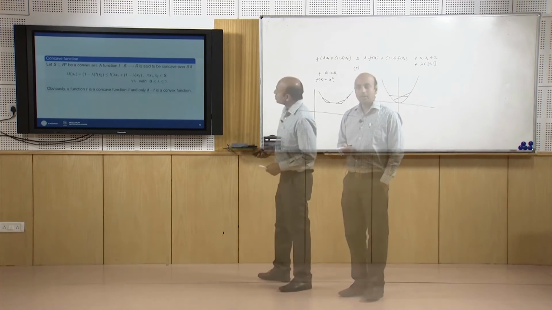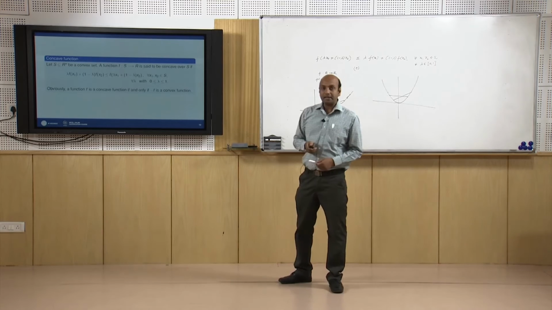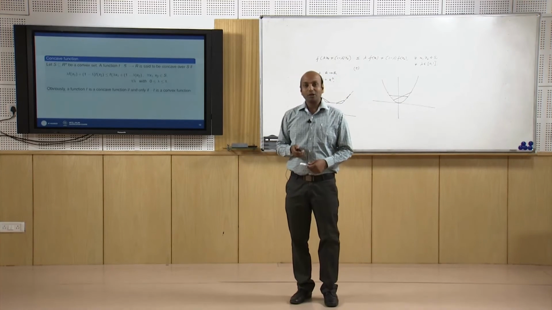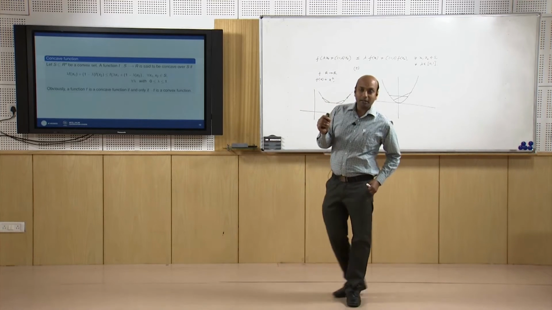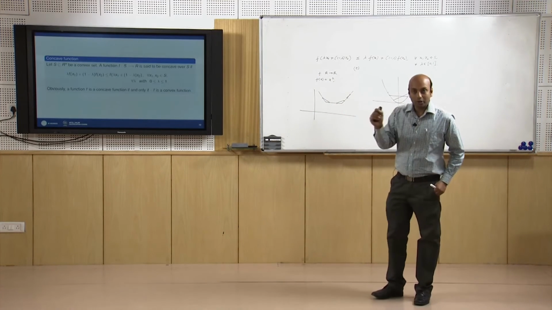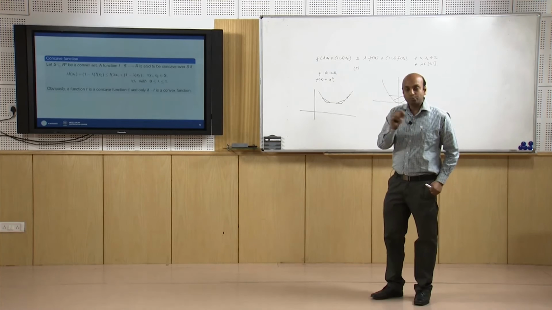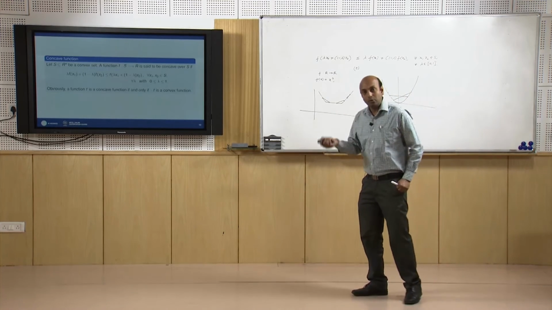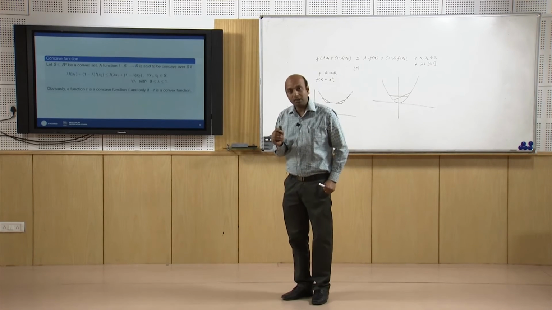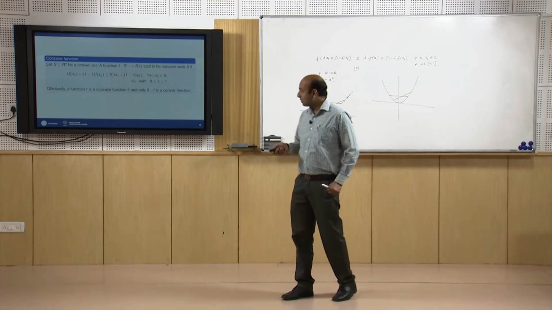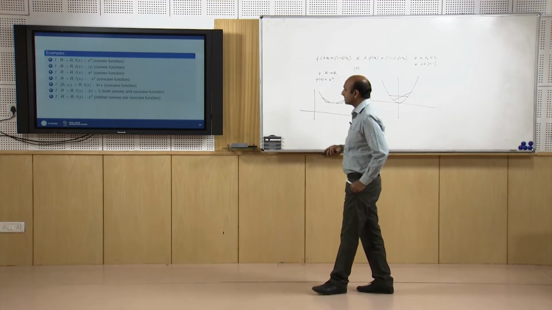So how can we interpret it geometrically? For a concave function, take any 2 arbitrary points on the curve and join the chord. The chord joining those 2 points always lies below or on the curve. This is the geometric interpretation of the concave function.